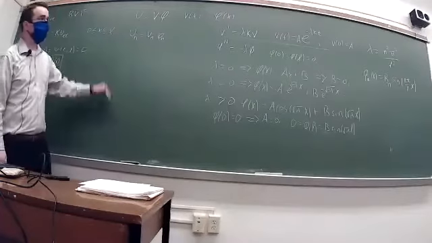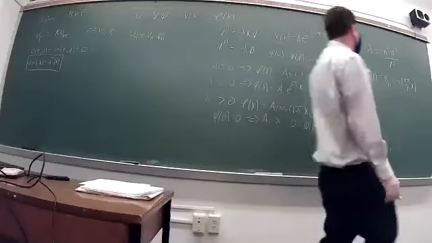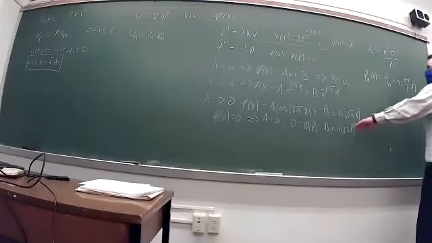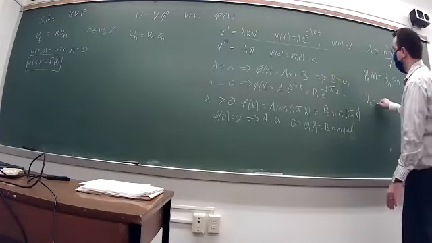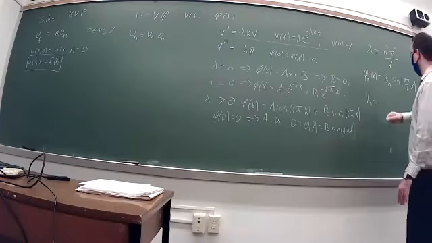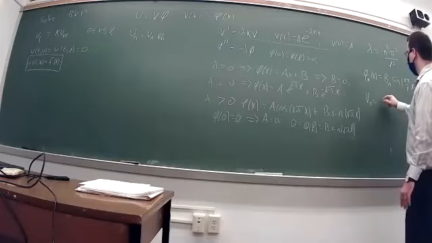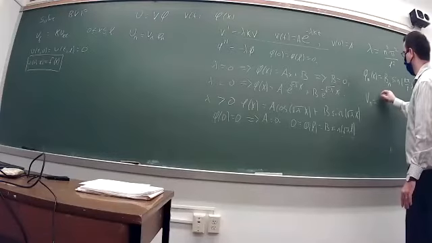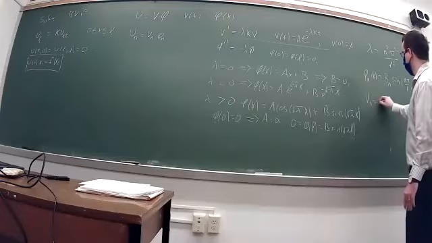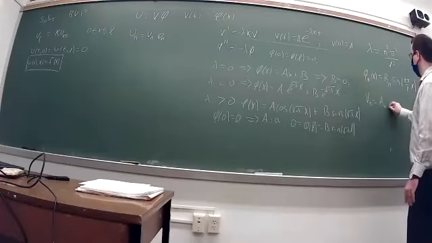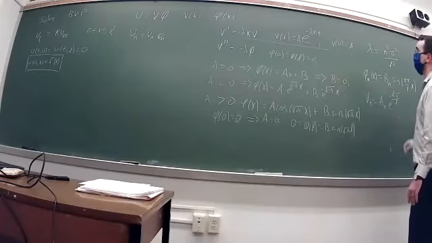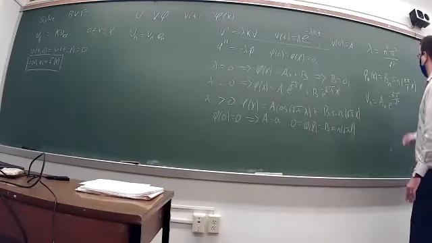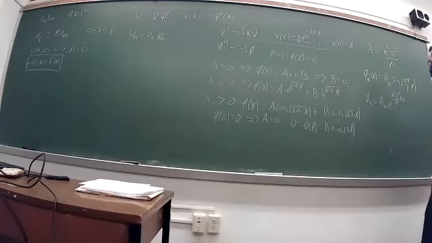You've got one for each n. These lambdas are now cleanly indexed by the integers, and so v sub n is just going to be maybe like some constant times e to the minus n squared pi squared over L squared times K times T.